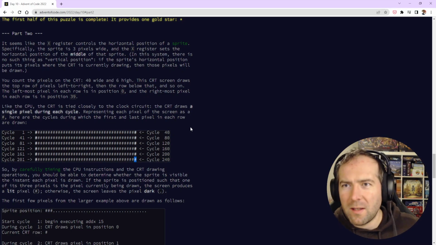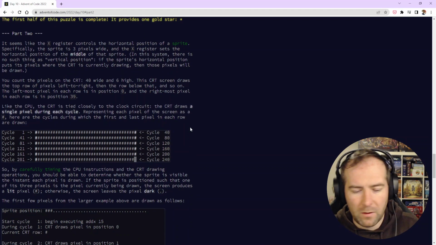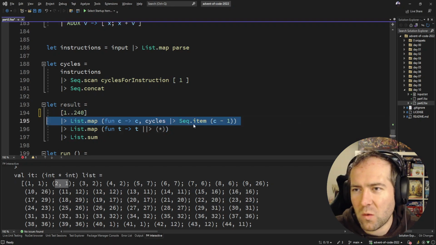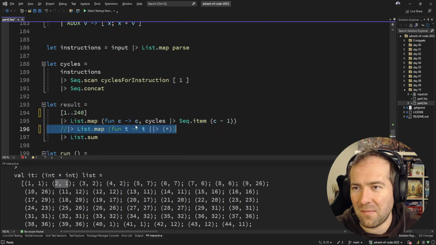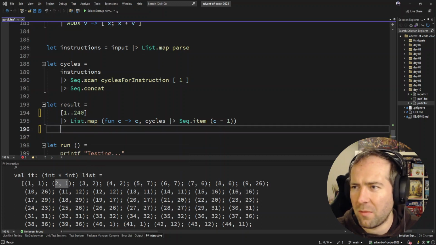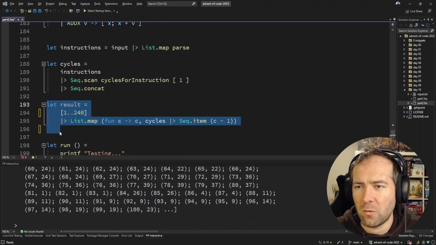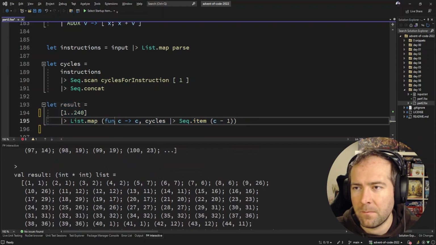Signal strength. Do we need signal strength? We don't need signal strength, right? So let's get rid of the signal strength. But there's the -1 thing, so let's not forget about, oh, this is a signal strength thing, I'm sorry. So this can go, this can go. I'm not sure about the -1, so we'll have to try it out with the example and see what it gives us.